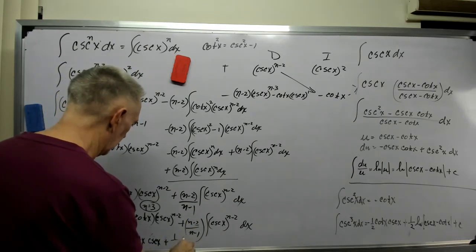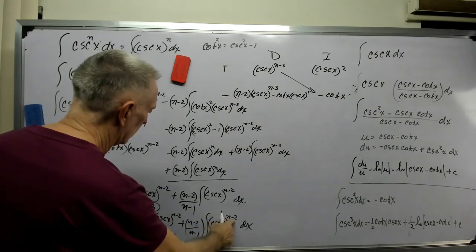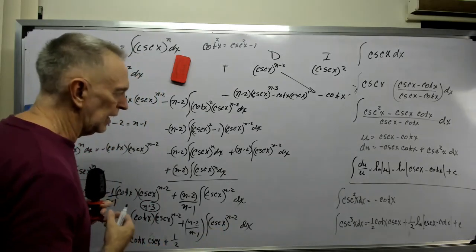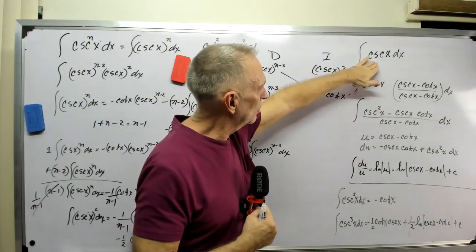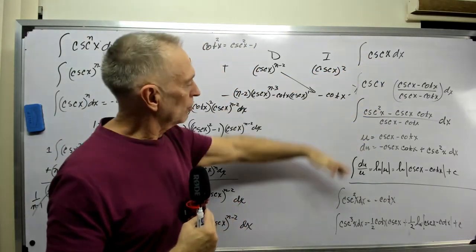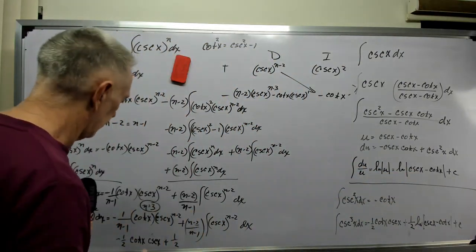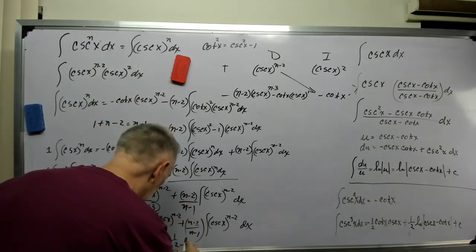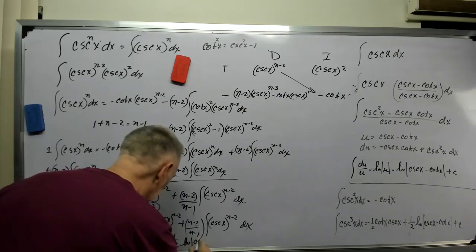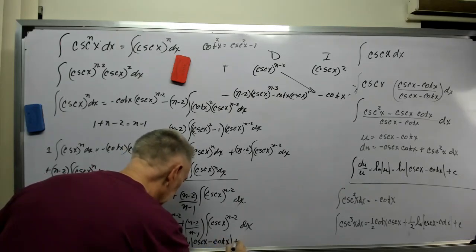So I have 1 over 3 minus 1, which is 2, times the integral of cosecant x. Now you'll notice I put this here, the integral of cosecant x. If you work through that, it's the natural log of cosecant x minus cotangent x. So I have 1/2 the natural log of cosecant x minus cotangent x plus c.